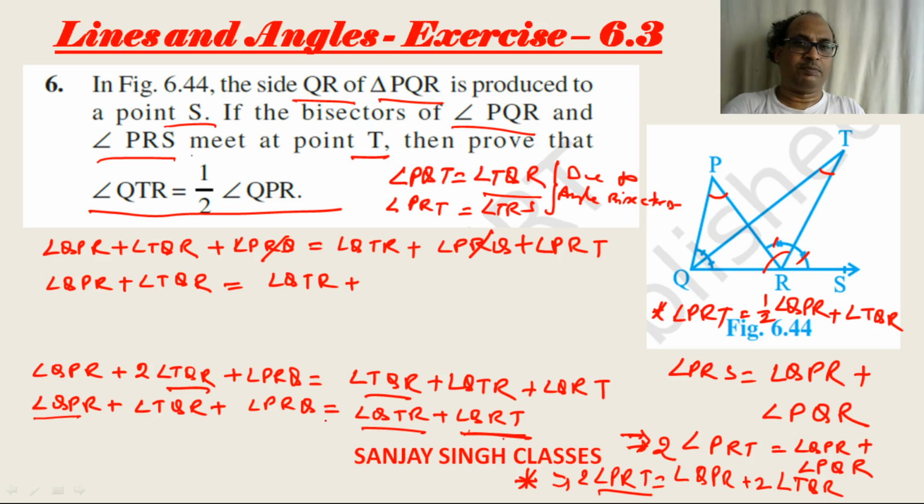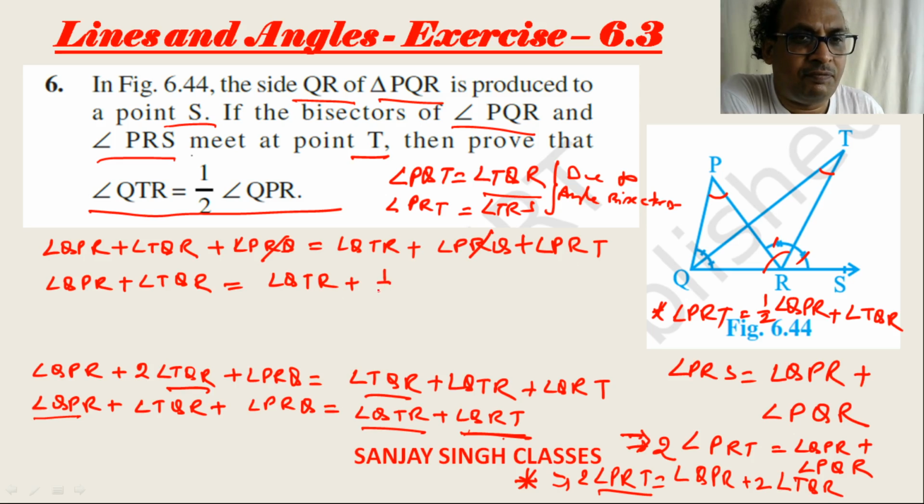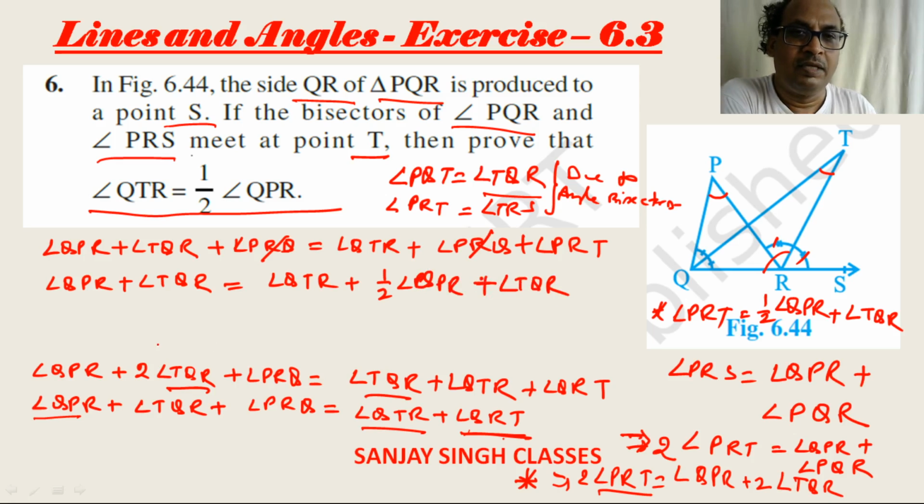So in place of angle PRT we put half of angle QPR plus angle TQR. Now angle TQR on this side and angle TQR on this side will get cancelled.